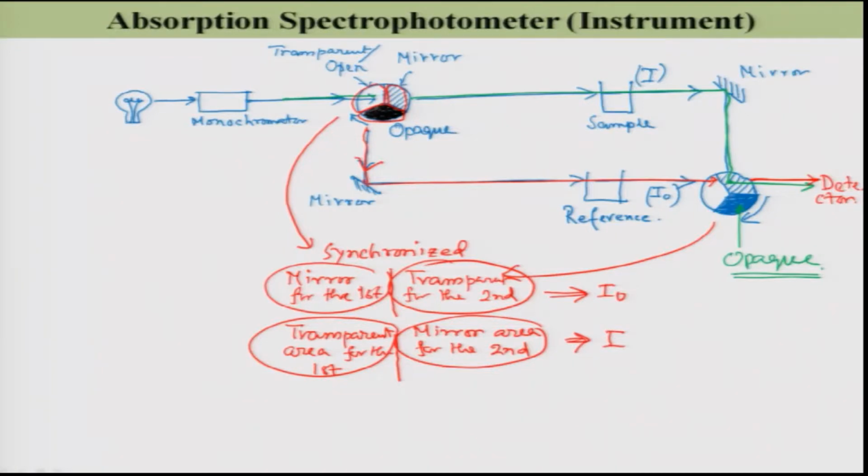The detector used for such a spectrophotometer is generally a PMT, the full form of which is photomultiplier tube. The principle of the photomultiplier tube is nothing but the photoelectric effect.